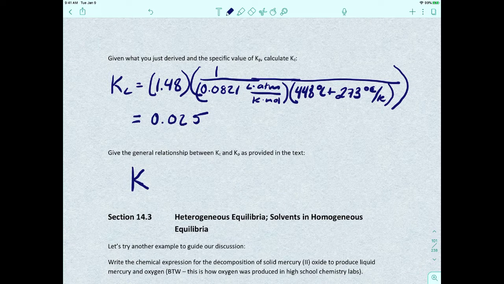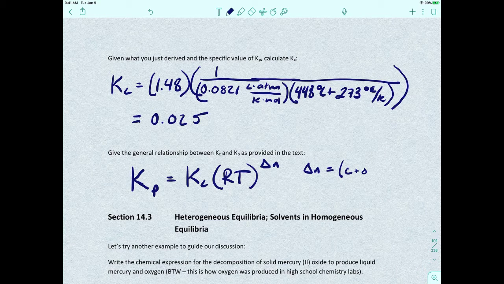The general relationship is like this: Kp, the equilibrium pressure constant, is going to be equal to Kc, the equilibrium concentration constant, times the constant quantity RT, raised to the delta n power, where delta n is going to be the stoichiometric coefficients, so C plus D, the coefficients of the products, minus the coefficients of the reactants, A plus B. Now, keep in mind, this only works if all the species are gases.